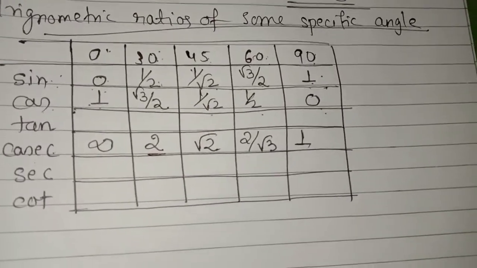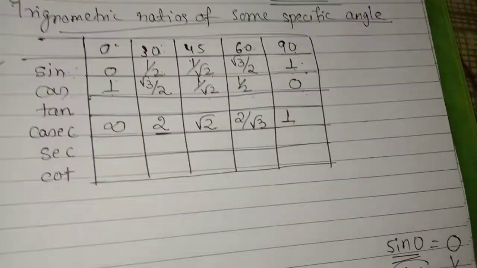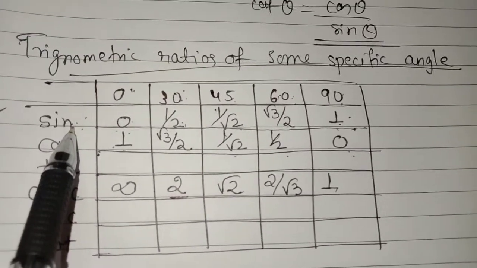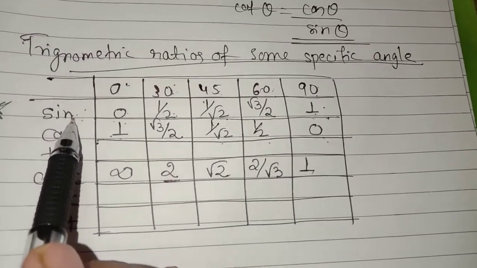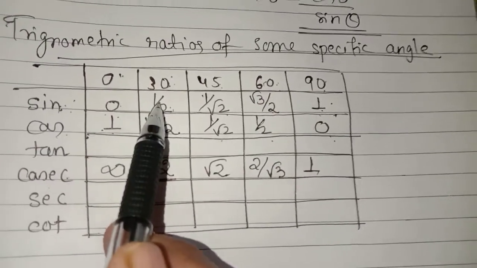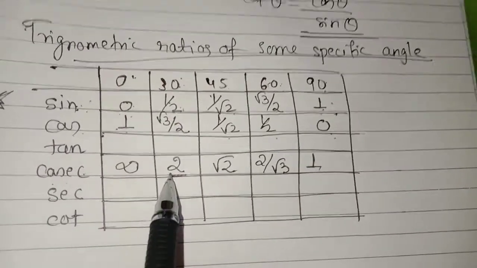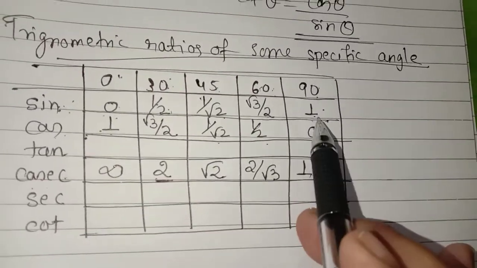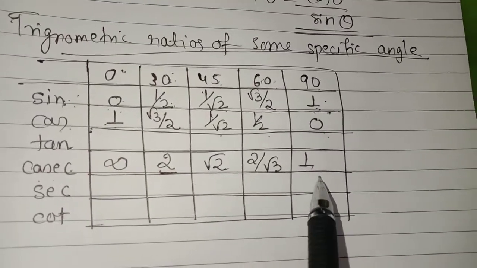Why am I thinking about cosec 30? I will think about sine 30. Sine 30 is 1 by 2. So what is the value of cosec 30? It is the inverse of sine 30. That's all. So if I am well knowing about sine, I can do anything for the cosec.